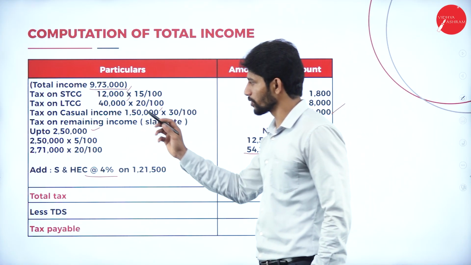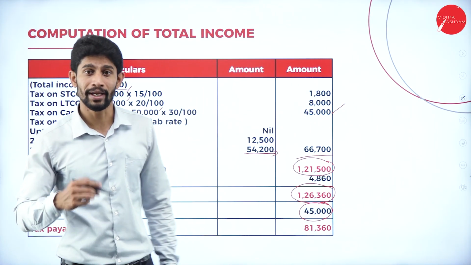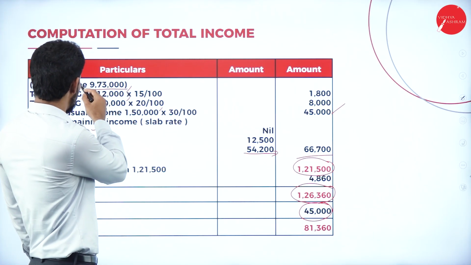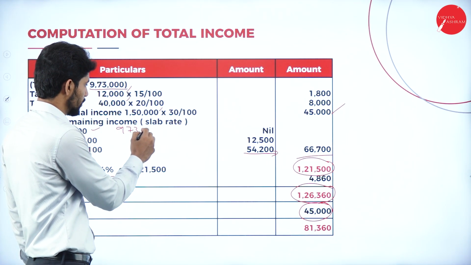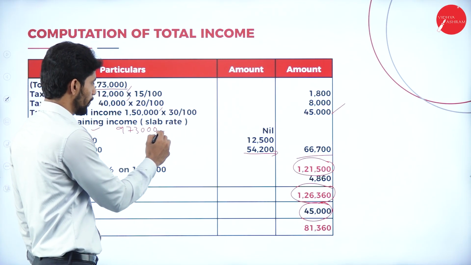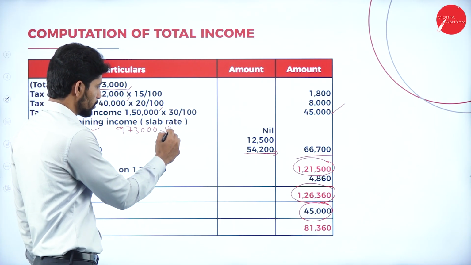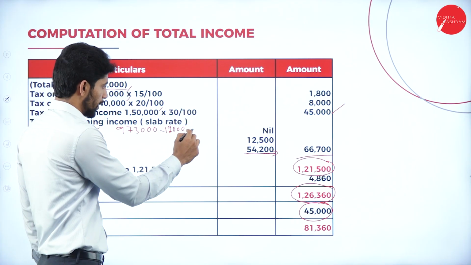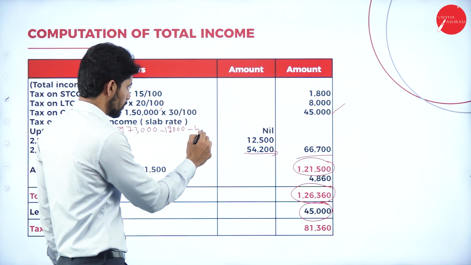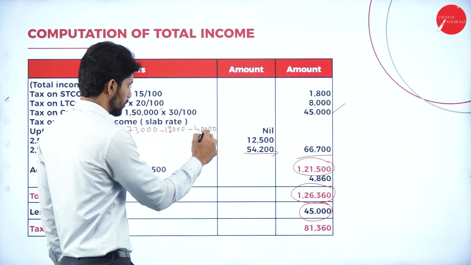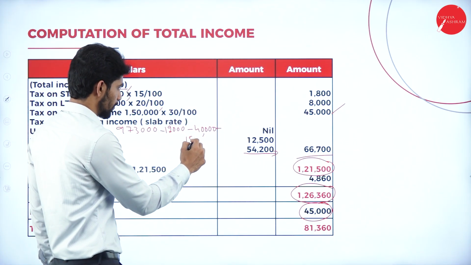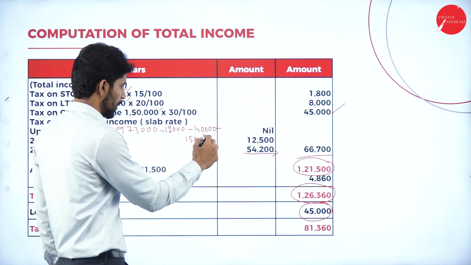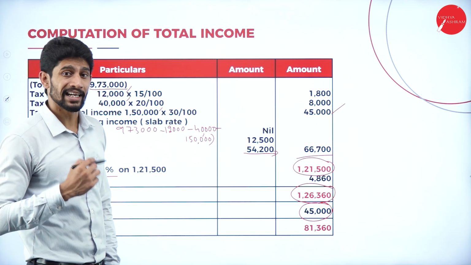You may have a doubt: what is this tax on remaining income? See, our total income is 9,73,000. From this minus 12,000 rupees, next minus 40,000 rupees, next also minus 1,50,000 rupees. Whatever balance you get, that is called the remaining income.